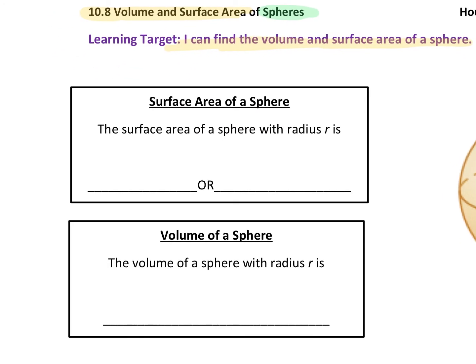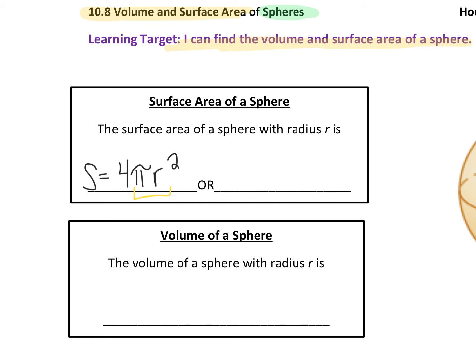Okay? So on a surface area of a sphere, there's two ways we can look at this. There is S equals, so my surface area equals 4 times pi r squared. Now hopefully this pi r squared should be super familiar to you guys. That is going to be the area of a circle.